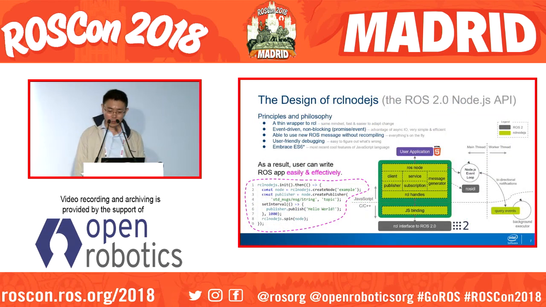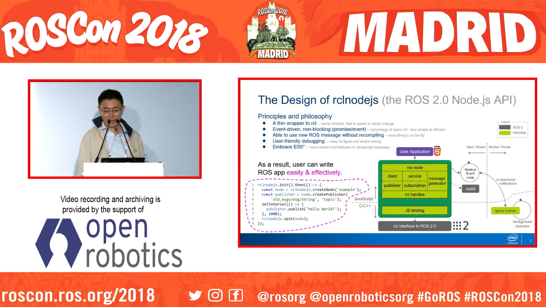Okay, here I'm going to show some principles in design we followed during the implementation. In the era of ROS1, if you wanted to implement a client of ROS, you had to start from scratch because there was no middleware.